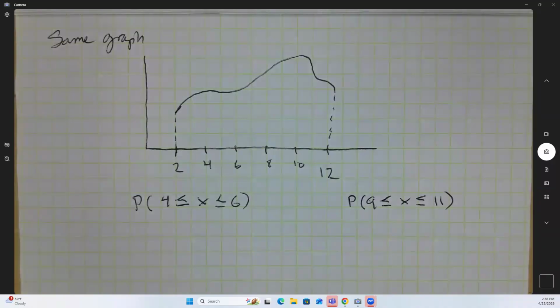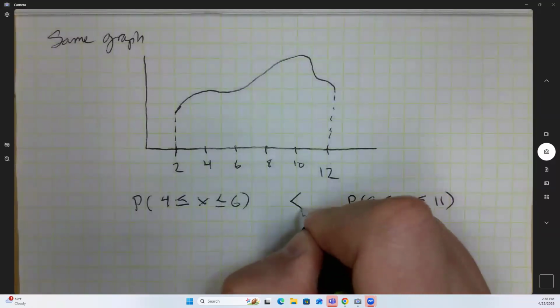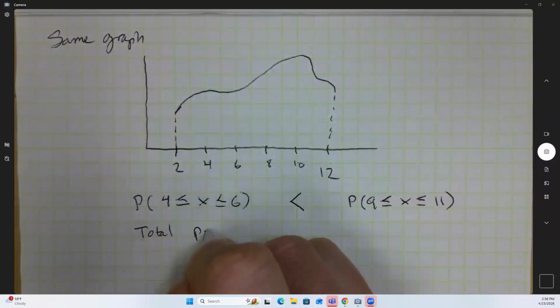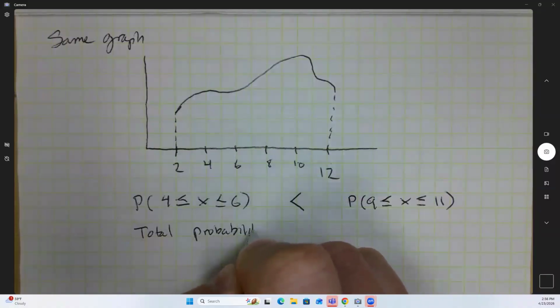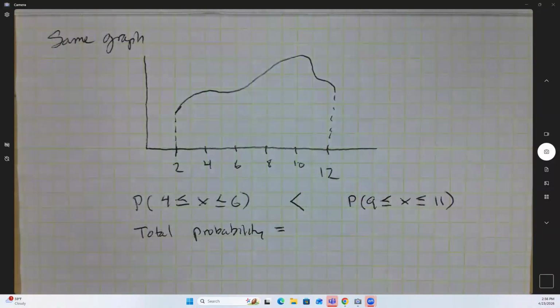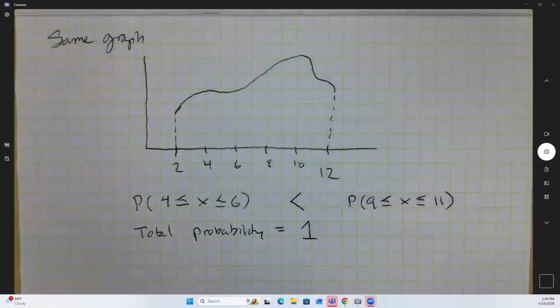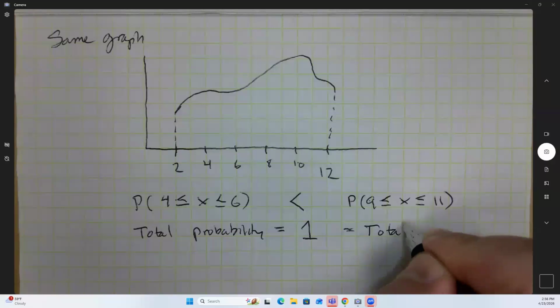Which of these probabilities is bigger? Right, and the reason is the area is larger. Okay, so I could do this. The total probability equals what? 100%, or 1, which is the total area.